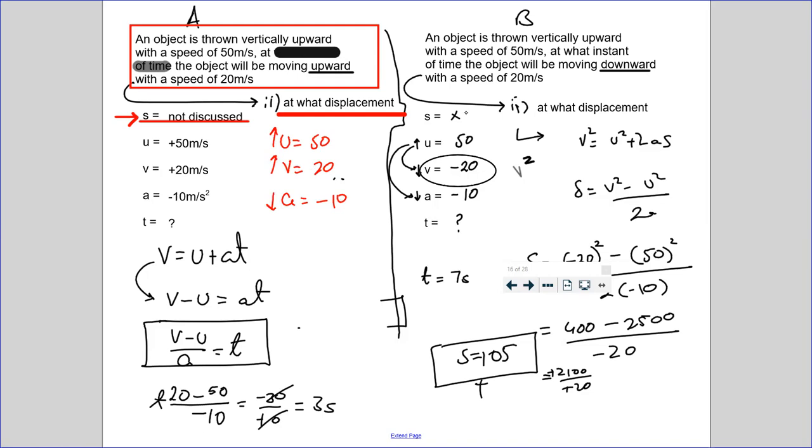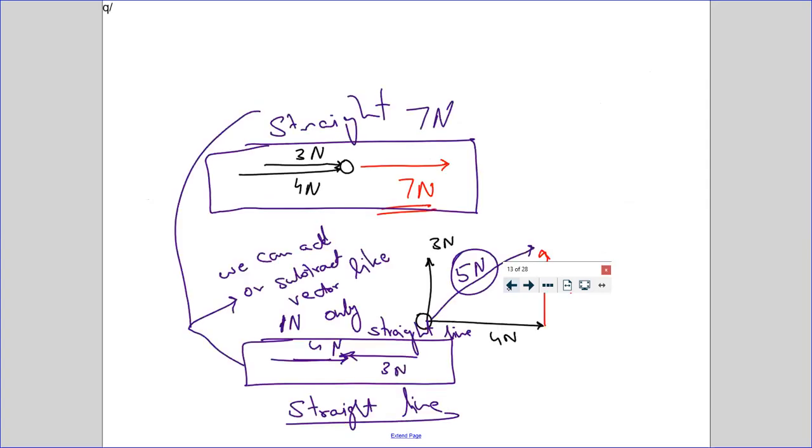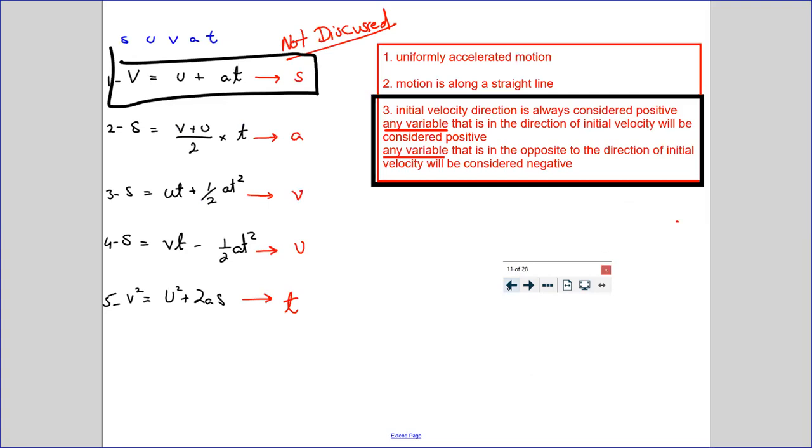If something is in the opposite direction to that of the initial velocity, we consider it negative. If it's in the same direction, we consider it positive. Acceleration due to gravity is downward and initial velocity was upward, so we choose it negative.